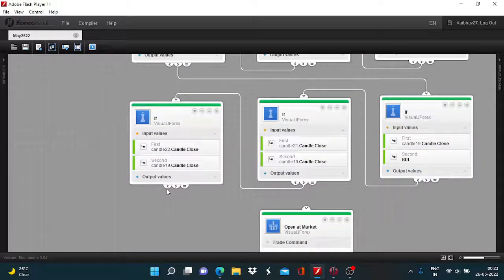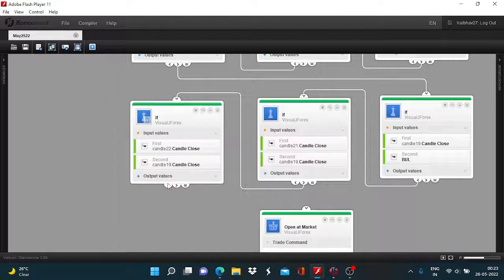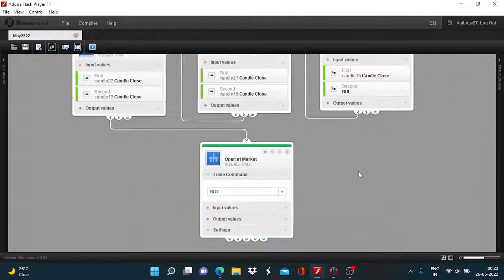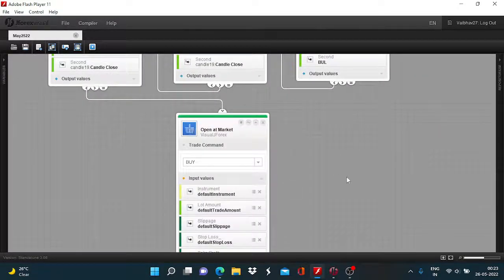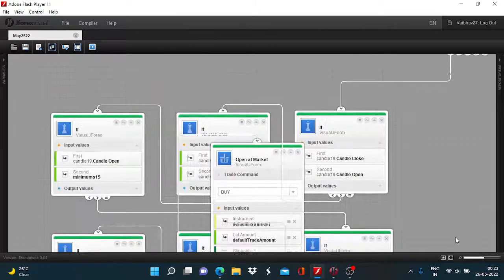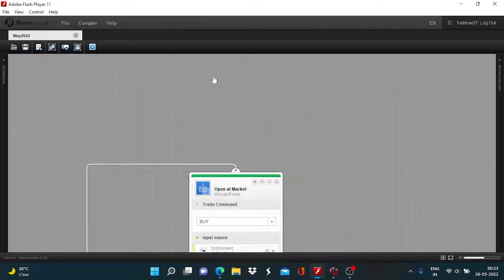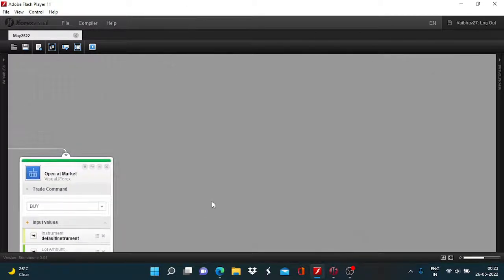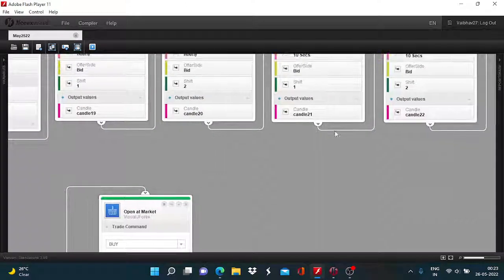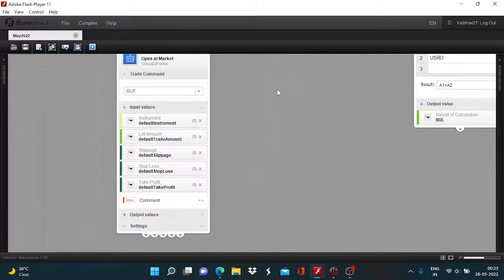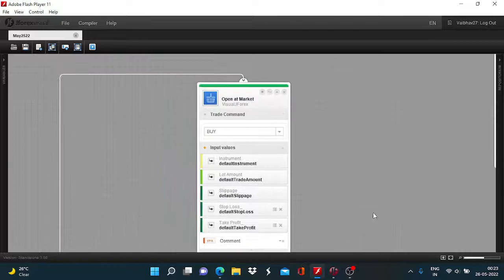So we have first input less than second input, flow joining the open at market trade block. Now we have to define the input parameter to get the configuration right for this trade command block. Alright, so we have to define various parameters. These input values as per the requirement.